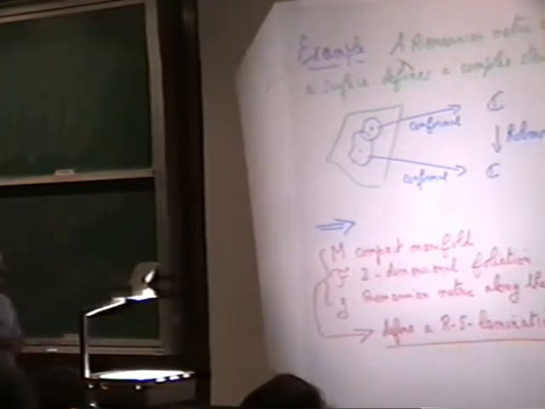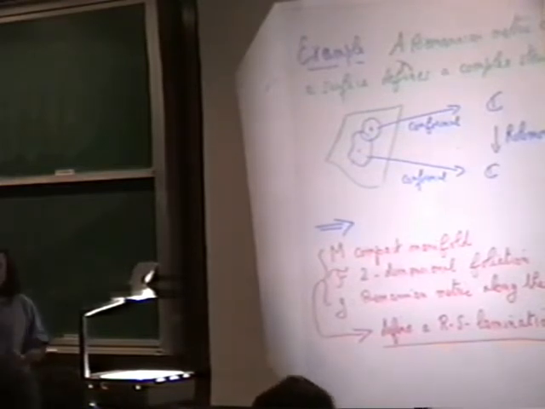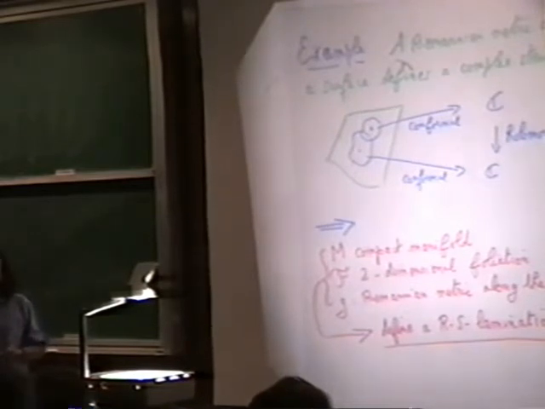So this means that if you give me any Riemannian metric on a surface, then this Riemannian metric defines canonically a complex structure on it, so that you can think of the Riemannian metric on a surface as being a Riemann surface.